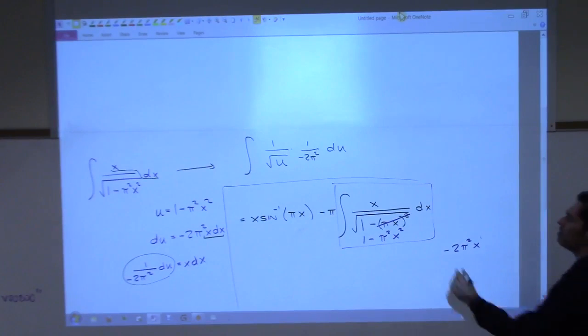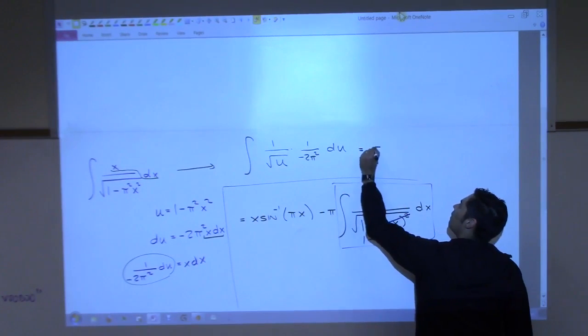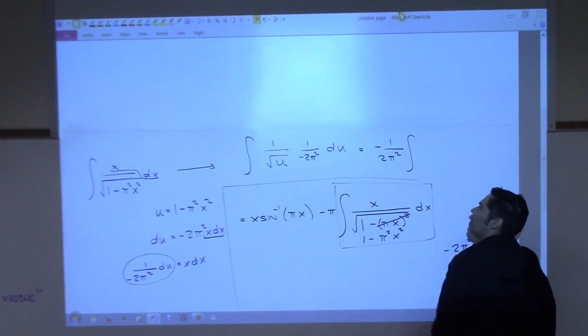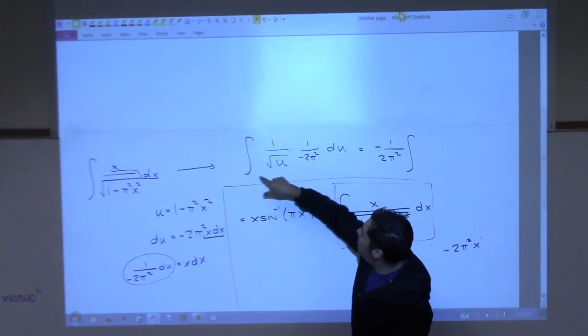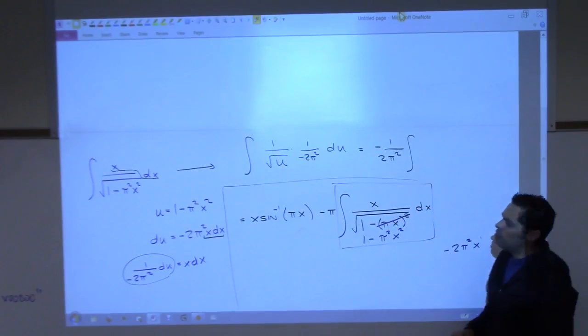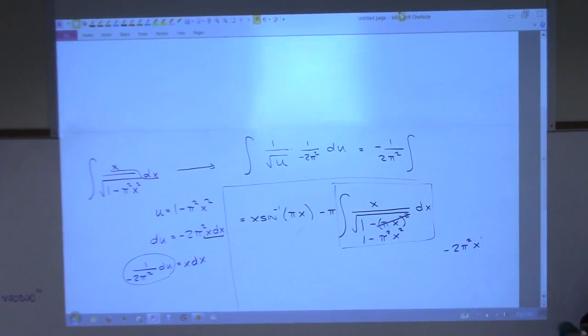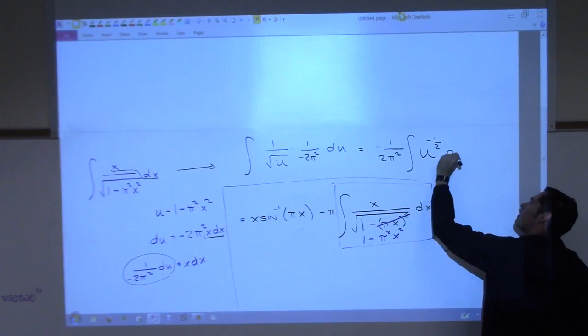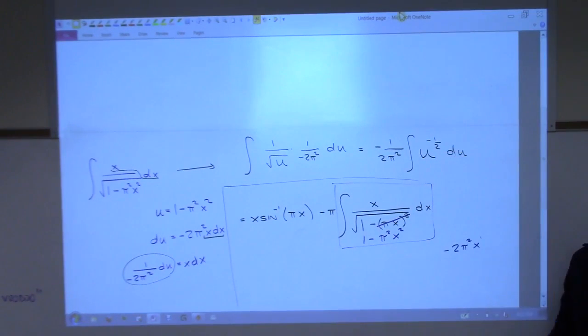I'd like to pull the constant out. So all that is just coming out. And then 1 over root u is the same as u to the negative 1/2. And that's just power rule, isn't it?